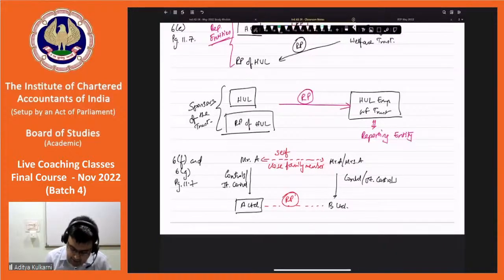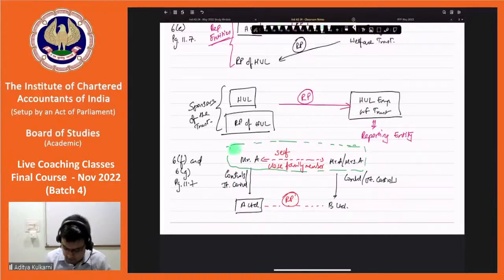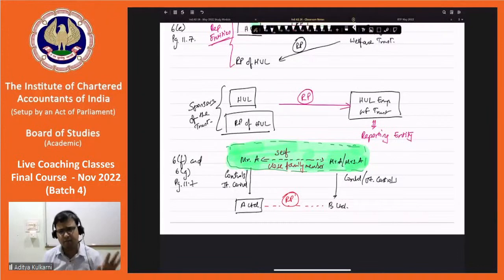Treat this whole setup as one unit, as one group, as one third party. Mr. A and Mrs. A. Achha, I am talking Mrs. A, but I mean that whole list of close family members, which is son, father, mother, brother, sister, dependent, domestic partner, spouse, person's children, children of spouse, children of domestic partner, children of the person, dependent of spouse, dependent of person, dependent of domestic partner.